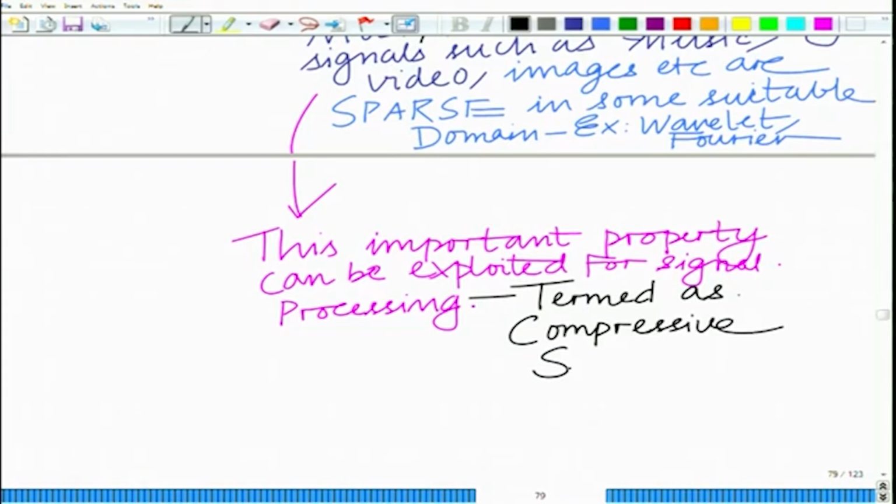One of the important areas where this idea is used is compressive sensing. Also this is abbreviated as CS, compressive sensing.